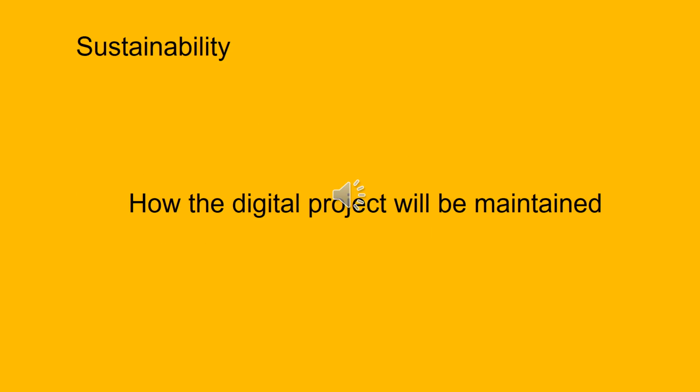Here I explain how we will sustain this project, that we're committed to the growth and maintenance of the library, and the plan. The assistant director of IT will continue to monitor and maintain the library.